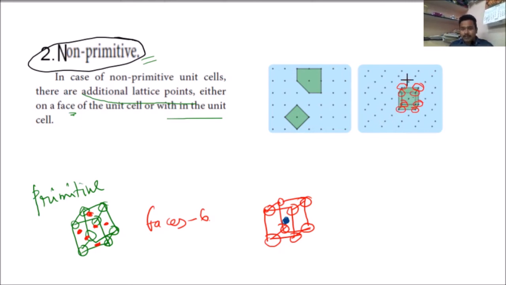This is primitive. In addition to that, at the center one more is there. This is called non-primitive.